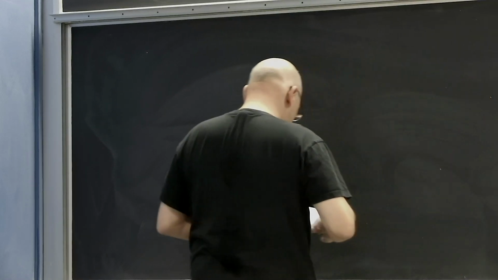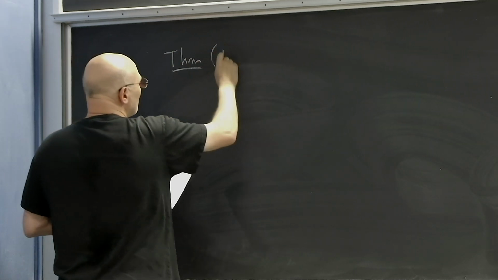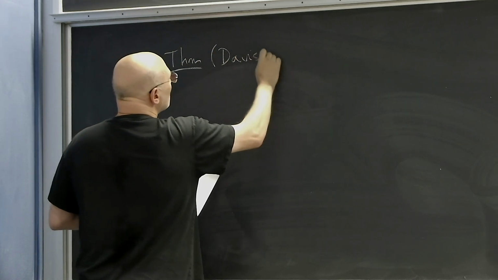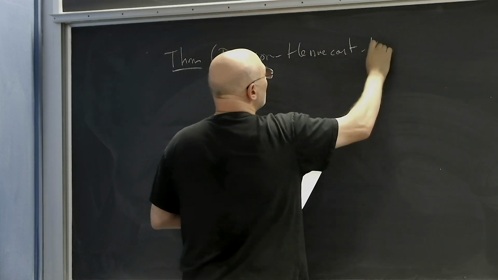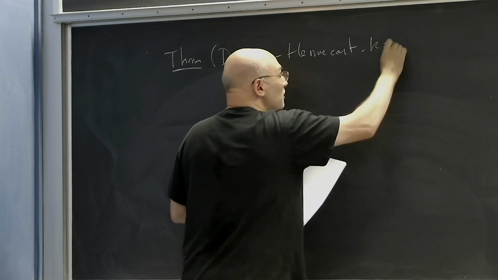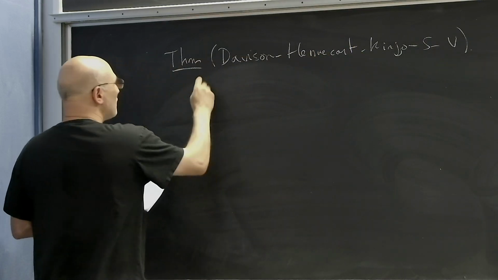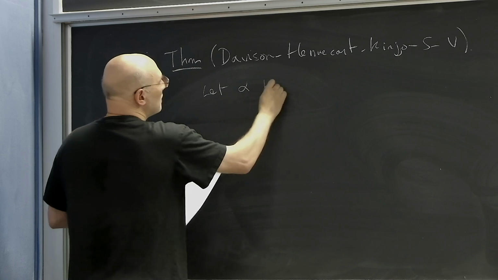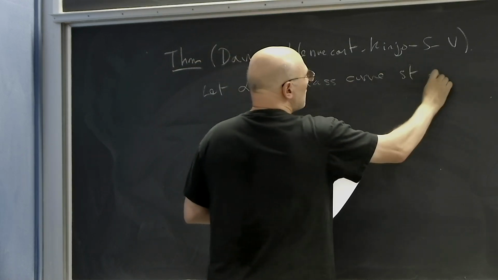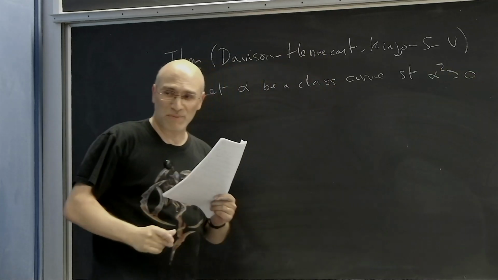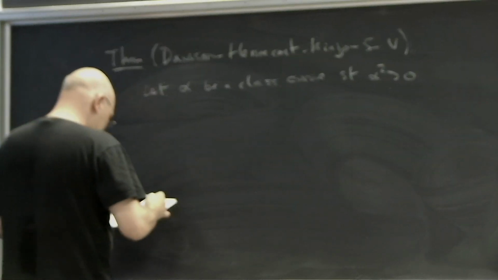And then we have the following theorem. So this is, as I said, in progress with Davison, Enkar, Kinjo, Tasuki Kinjo, myself, and Vassereau. It says the following. So let alpha be a curve class such that alpha squared is bigger than 0. Maybe it's possible to drop this hypothesis, but anyway, this is the most important case.